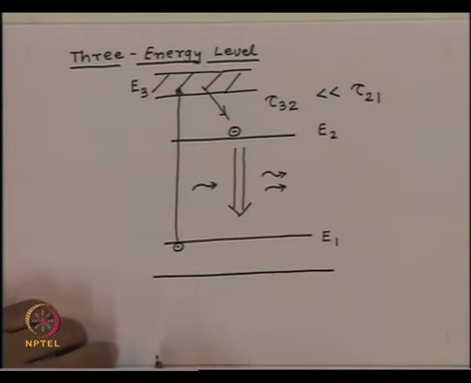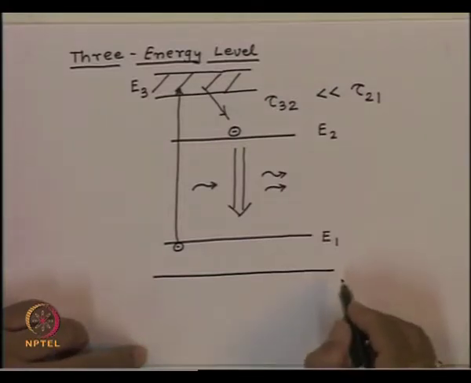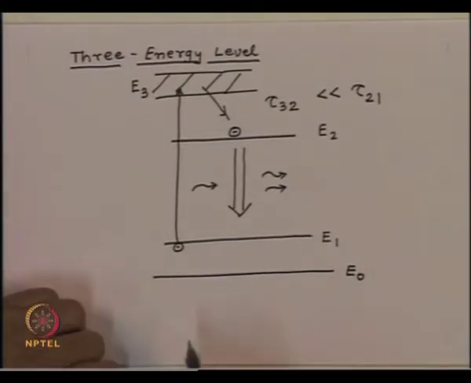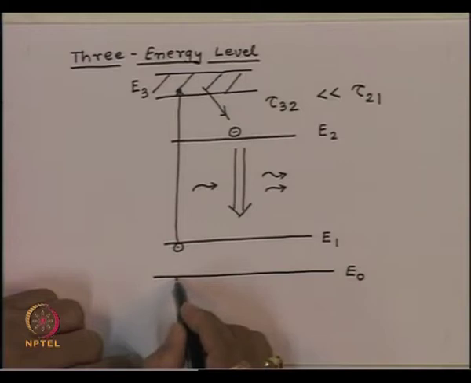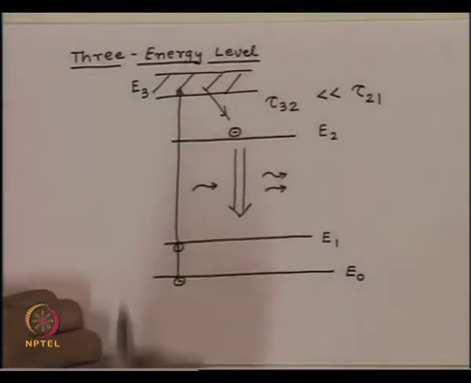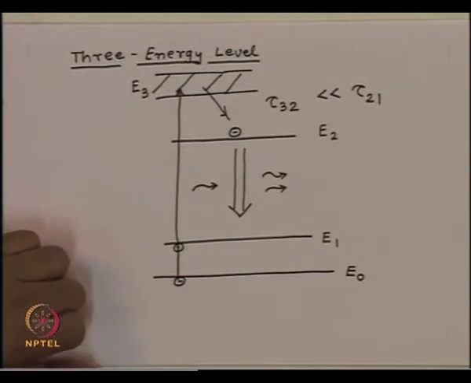So what one can do is essentially create one more level here, and now we call this truly the ground state. So let us say this is the energy level 0, and instead of transporting the electron from this to this, the electron is transported from here to there, to this level. So this is the ground state.